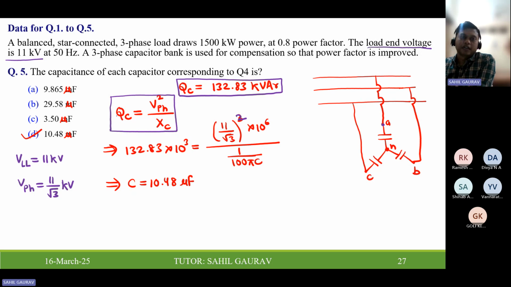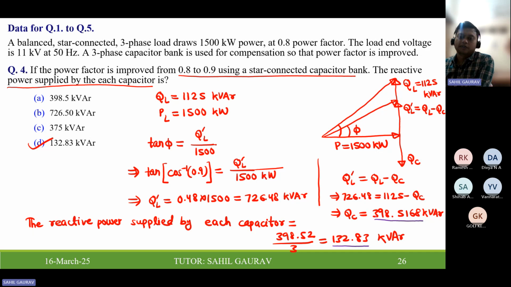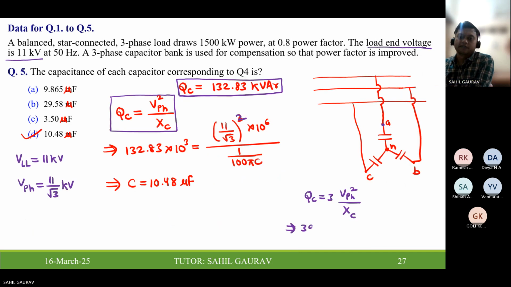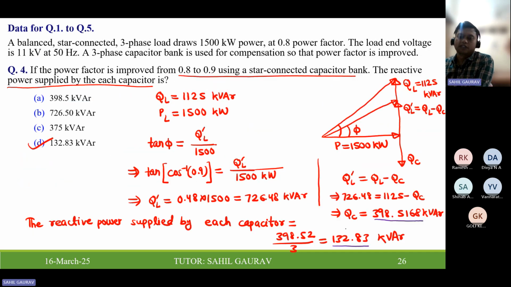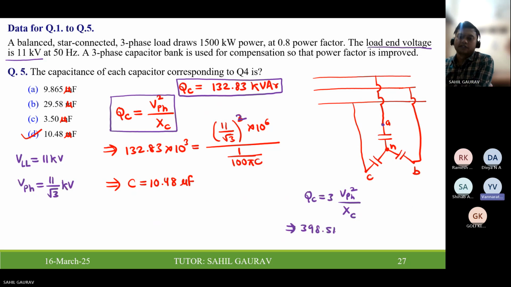If you write the total reactive power, then you have to apply this expression QC equal to 3 into V phase square upon XC, and put in the total reactive power 398.516.